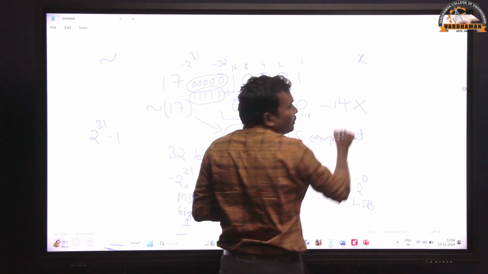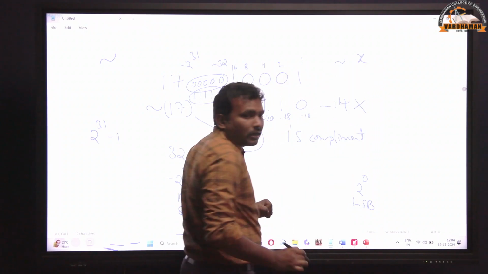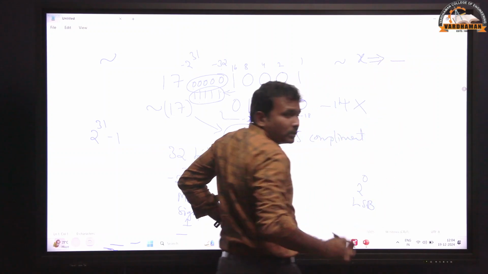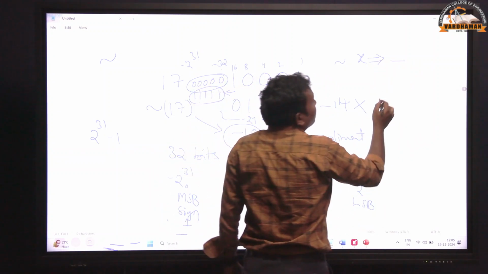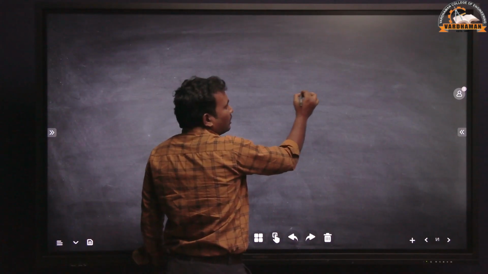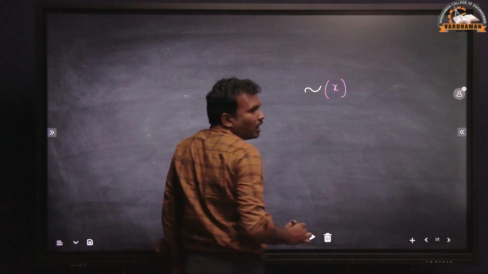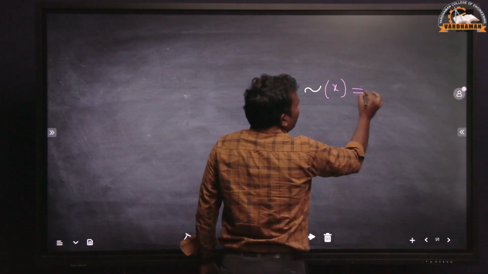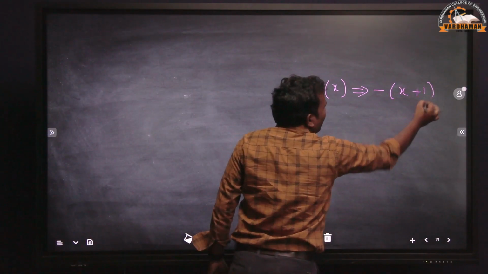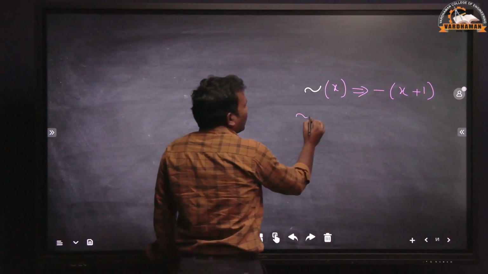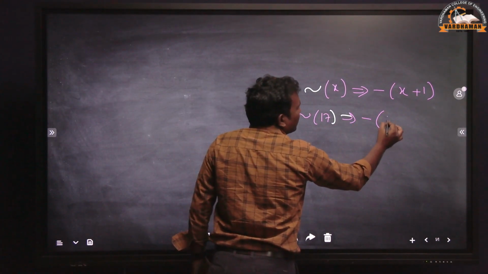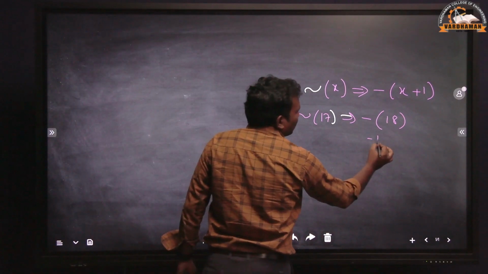If your value is x, when you apply the NOT operation, the outcome will be minus of x plus 1. That is, NOT of 17 will become minus of 17 plus 1, 18, so minus 18.